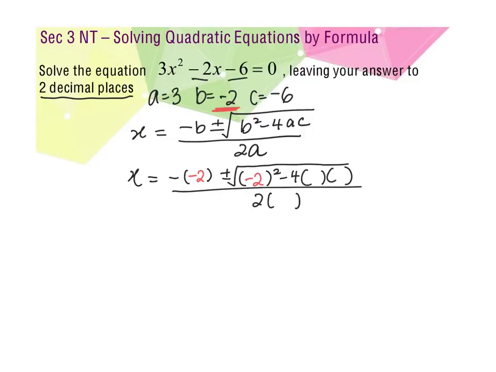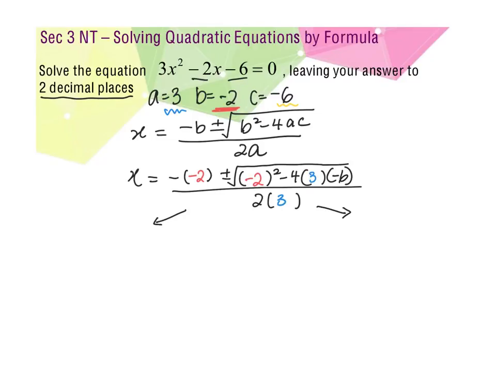The value for a is 3, so I will have a is 3, a is 3, and c is negative 6, so c will be minus 6. Okay, now usually what we need to do is key the whole expression into our calculators, and there will be 2 solutions generated.